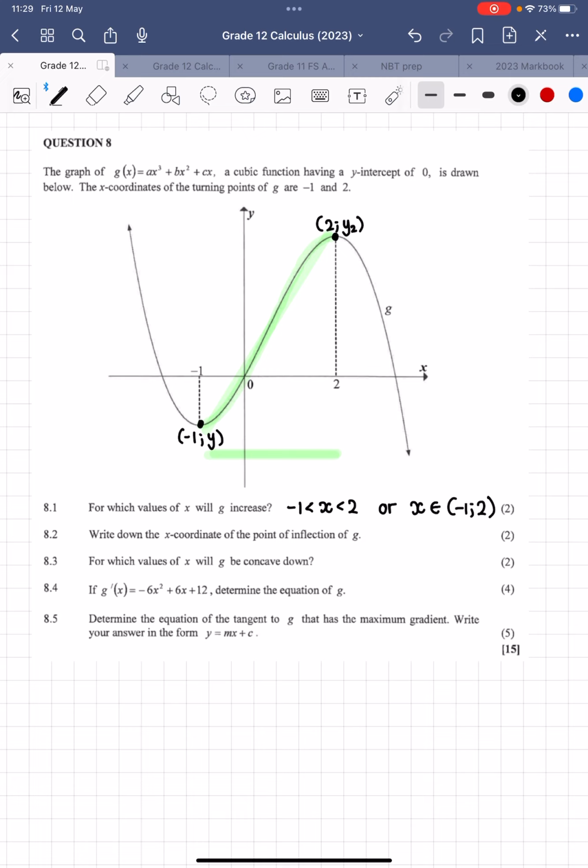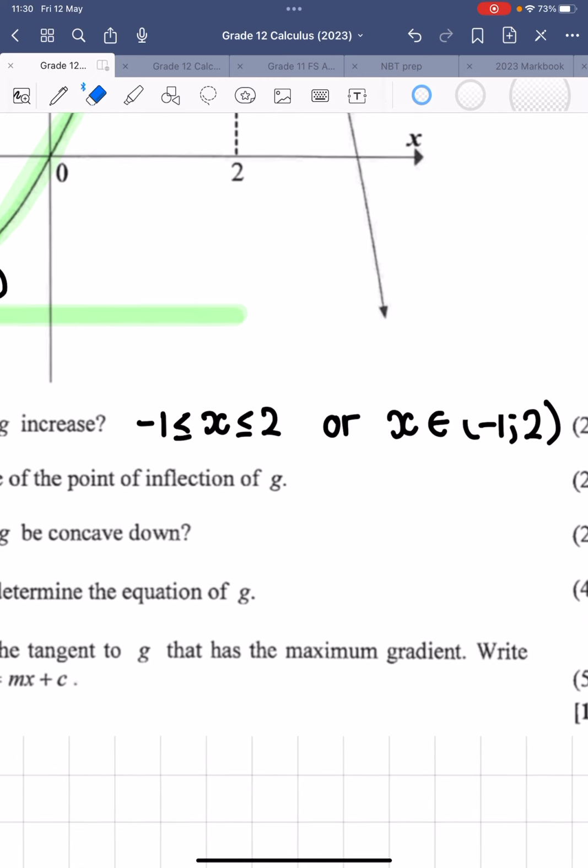If that is what your teacher taught you, then please do not include these turning points. But then some other mathematicians actually say that only if the question says strictly increasing or strictly decreasing do we not include those. So it would actually also be marked correctly if you decide to include those turning points.